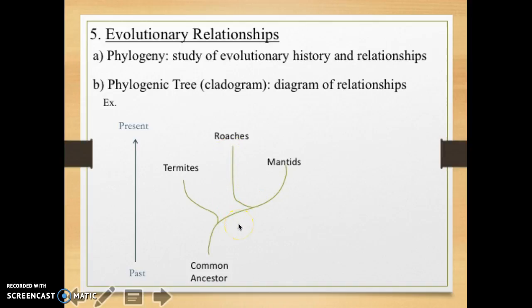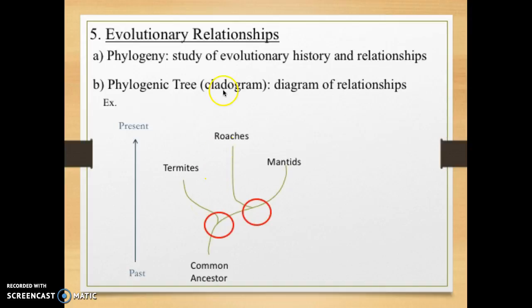Well, as we go through our course, and you can even think about it right now, what may have caused these branches? We'll be talking about that one in class next week. But what I want you to understand with a phylogenetic tree is that these branch points show common ancestors.